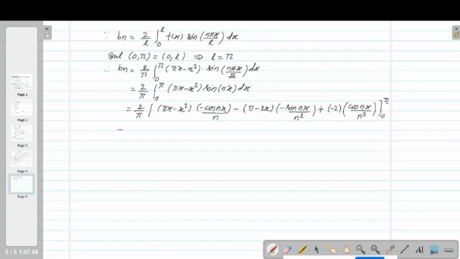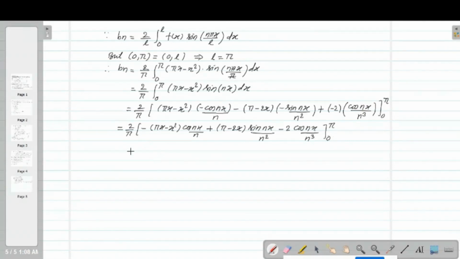Before applying limits, simplify this: 2 by pi, and minus n is here, so we write pi x minus x square times cos n x by n, and minus times minus gives plus, pi minus 2x into sine n x by n square, and minus 2 times cos n x by n cube, with limits 0 to pi. Is it clear to all?